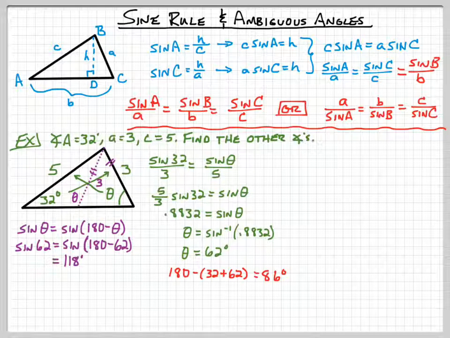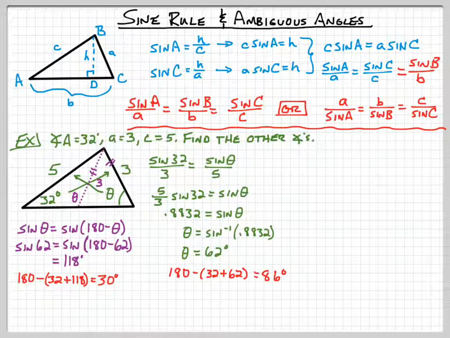So finding all of this proportion, everything that we've done here, could just as well have been 118 degrees and not 62 degrees. So what we need to do is check to see if this 118 also works with our triangle. So if we're looking at the purple sided triangle, then we get a value of 30 degrees.